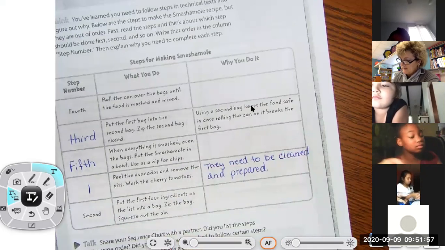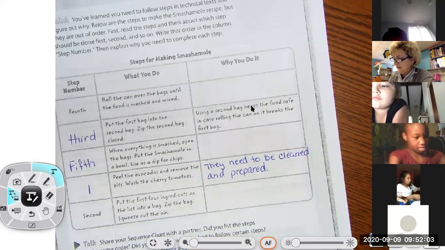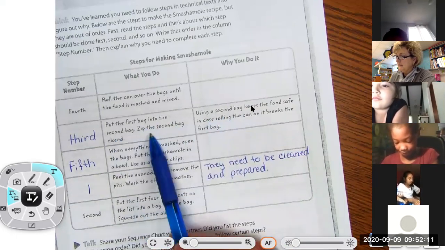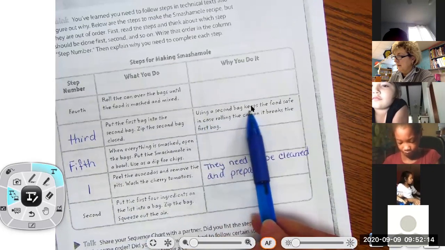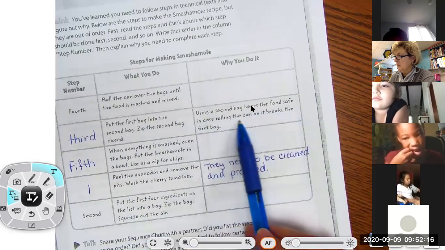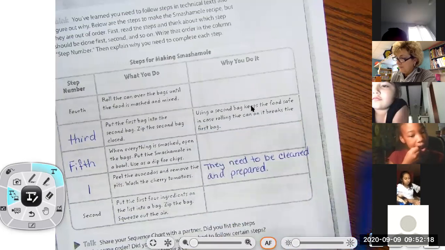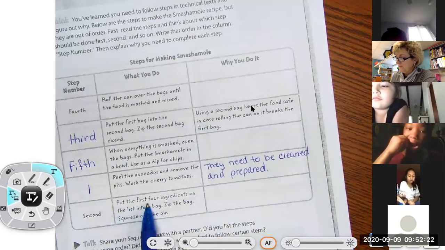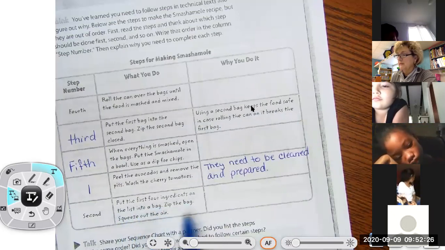All right, so second says, put the first 4 ingredients on the list into a bag, zip the bag, squeeze out the air. Okay, and then the third thing up there said, why did you do the third thing, which was put the bag into the second bag: using a second bag keeps the food safe in case rolling the can breaks the first bag. So why would the second thing you do be put the first 4 ingredients on the list into a Ziploc bag and squeeze the air out?